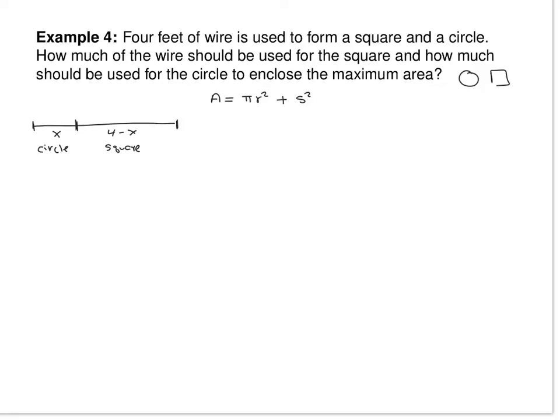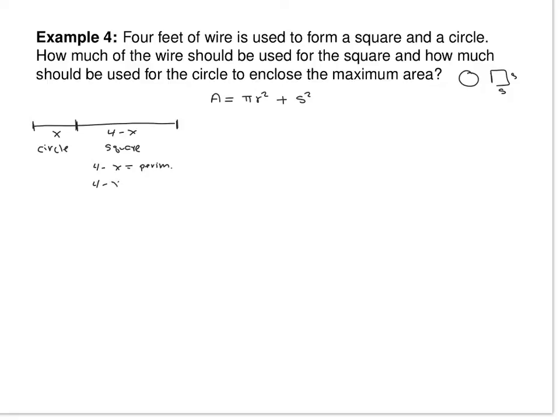Let's start with the square. This 4 minus x, that's the perimeter of the square. Does that make sense? So 4 minus x equals perimeter of the square. So if each side of my square is like s or something, how many sides do I have? 4.